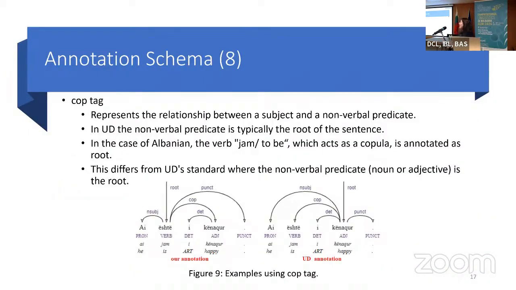Something that we have done not as UD is supposed to be done is the annotation of the COP.